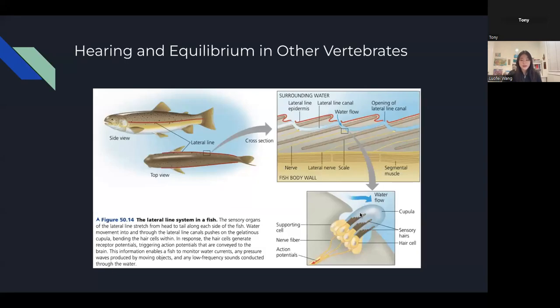They also have a lateral line system that detects low frequency waves and anything that changes in the environment. They have hairs in the lateral line that are also covered by a cupula. When the cupula is bent by water, the hair cells are also bent, and that relays motion change, velocity change, or water flowing over the body in general.